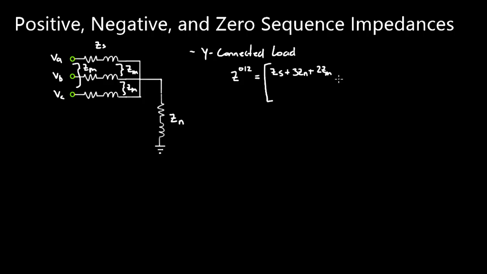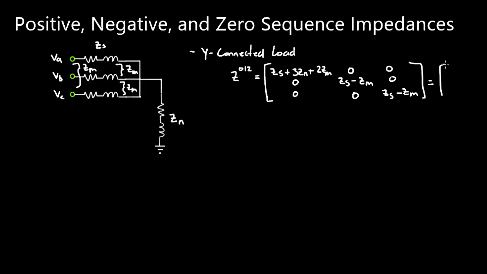And then over here on the diagonals, ZS minus ZM. And over here, again on the diagonal, ZS minus ZM. And all the off-diagonal terms are going to be zeros. So this is 0, this is 0, 0, 0, 0, and 0.